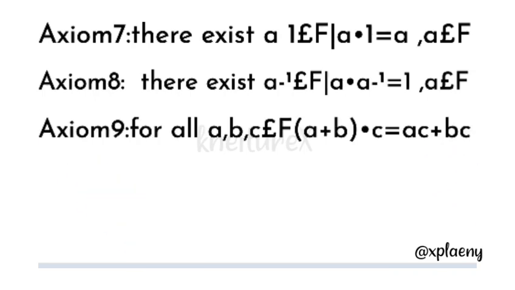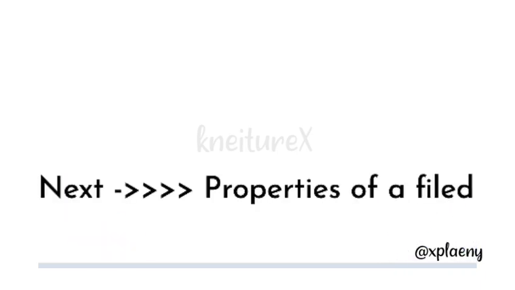For 8, we have an inverse of an element, such that when we multiply A dot the inverse of A, it gives us 1. And then for 9, we have addition of elements multiplied by another element. So it's distributive, it gives you AC plus BC. So next, in our next chapter, we'll look at the properties of a field. So that's where we stop today.